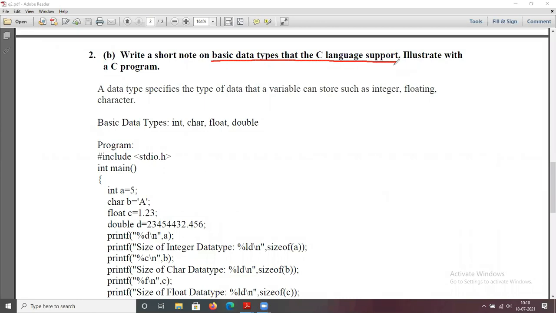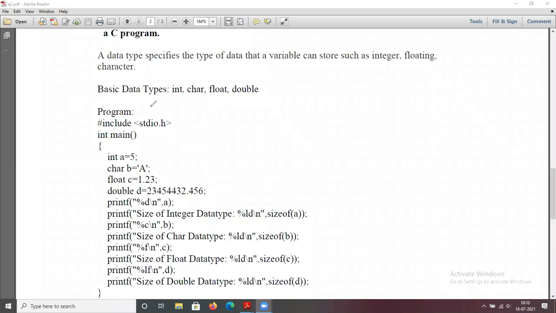What are the basic data types? The basic data types are int, char, float and double. After that you are going to illustrate these data types with the help of a C program. I take 4 variables: integer a, another one b, char c, float d, double.